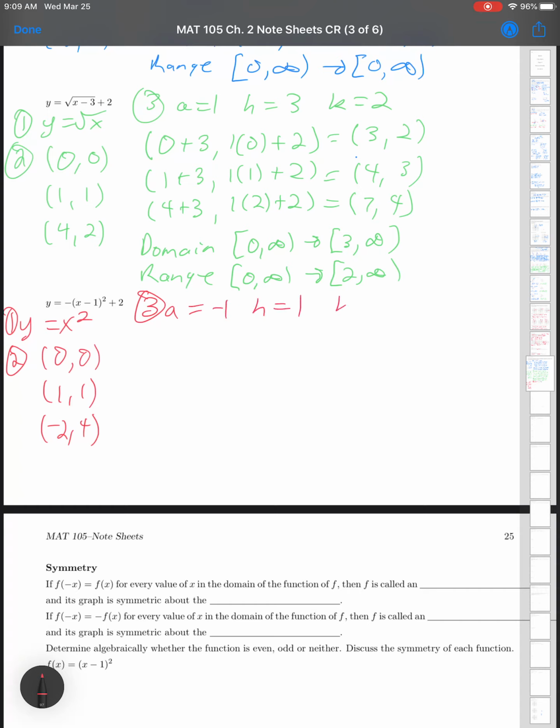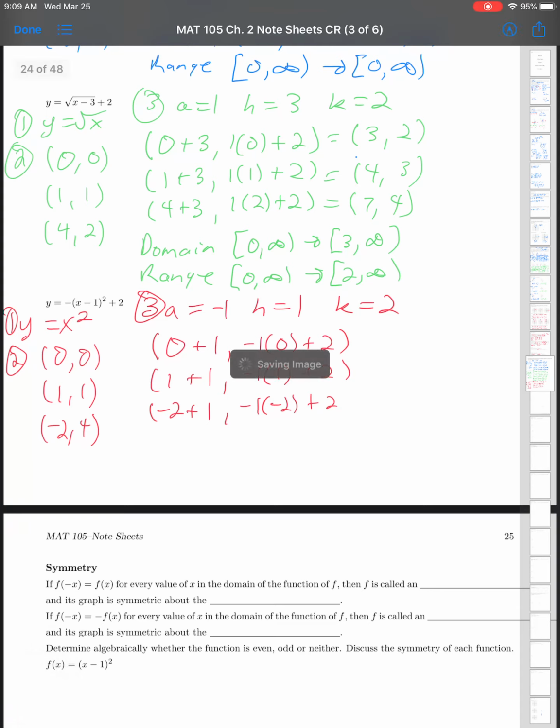In this case, our a is negative 1, our h is 1, and our k is 2. So this will be (0 plus 1, negative 1 times 0 plus 2), (1 plus 1, negative 1 times 1 plus 2), and (negative 2 plus 1, negative 1 times negative 2 plus 2).